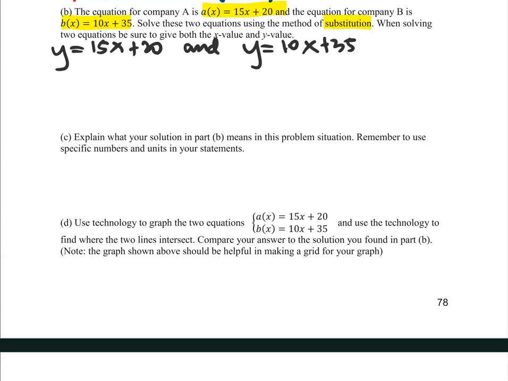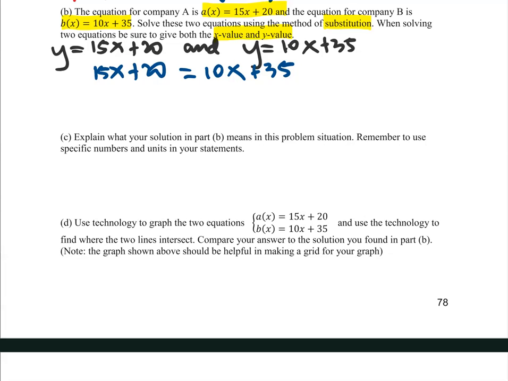Since they are both equal to y, you can substitute, or in other words, you can set them equal to each other. So 15x plus 20 equals 10x plus 35. And then now we can solve for x. And don't forget to get the x value and the y value.